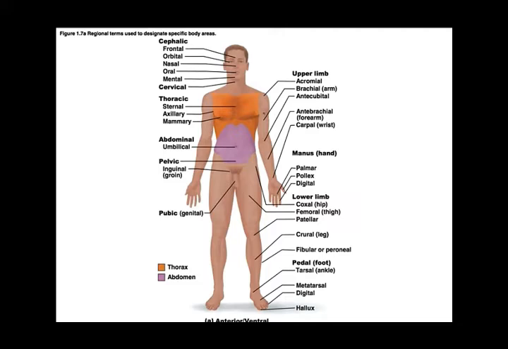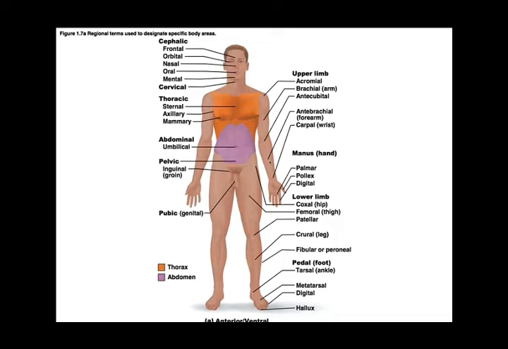Then below the acromial region, your upper arm is termed as the brachial region. And then when we go further, to the distal part of the arm, the mid part, where your elbow joint is, it is termed as the antecubital region. Why it is called this, we will discuss further when we break down the terms and discuss the terminologies in detail.